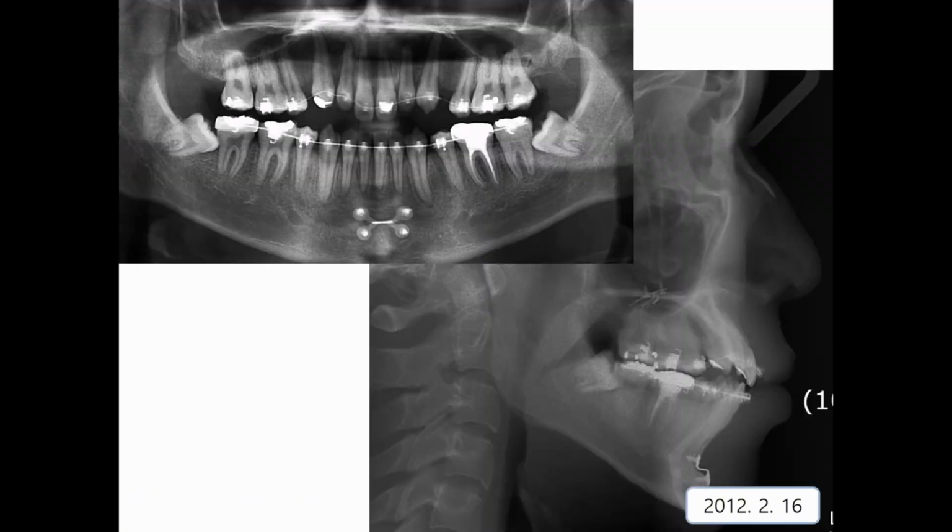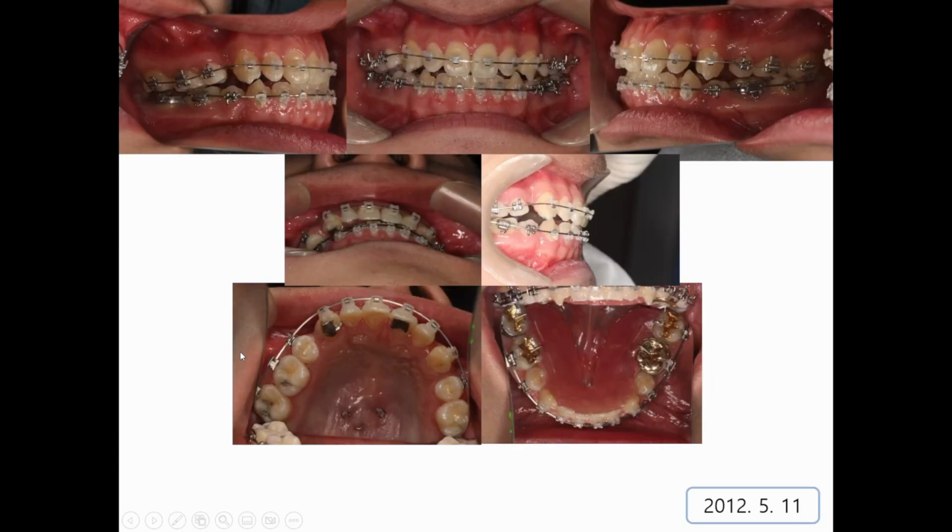Look at, and then leveling continued in the upper and lower.